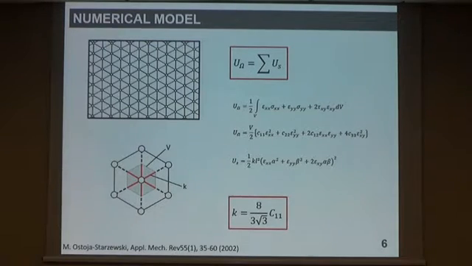For example, here is a hexagonal packing where each node is connected to its first neighbors. There is an advantage to using this kind of lattice model because of the discrete formulation, which avoids issues related to singularities when there are a lot of inhomogeneities, such as material inhomogeneity or cracks.